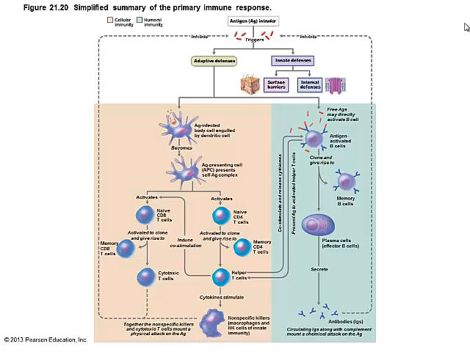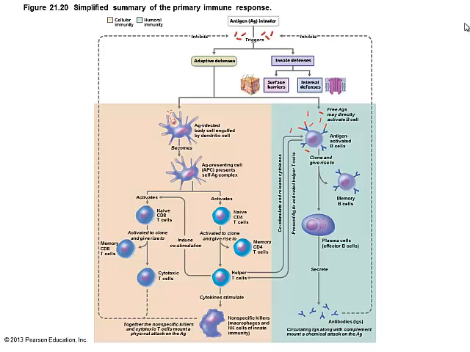So something comes into the body, an intruder. It could be a bacteria, it could be a virus, it could be a foreign cell, whatever it is. And there's going to be two main players that are going to help fight it off. We have adaptive immunity and innate immunity. What is innate immunity? It just knows it doesn't belong and I'm going to get rid of it.